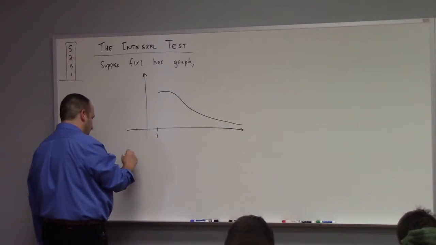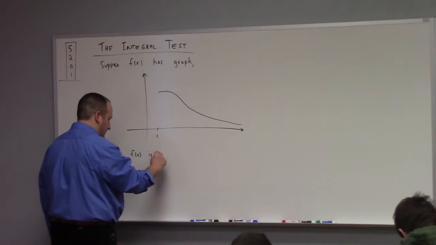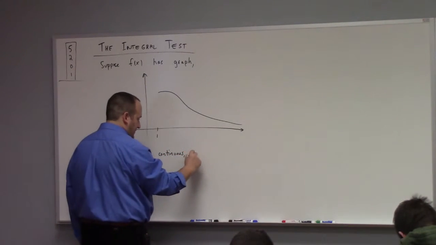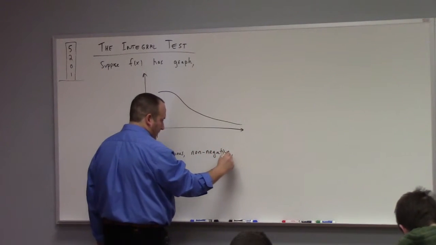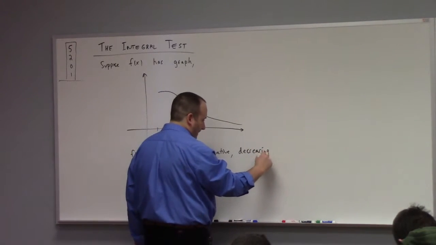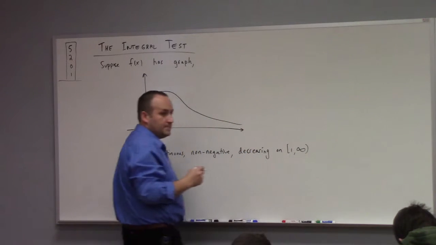In other words, f of x is continuous, non-negative, and decreasing on 1 to infinity, right?